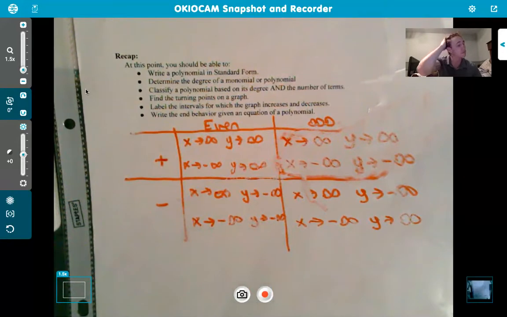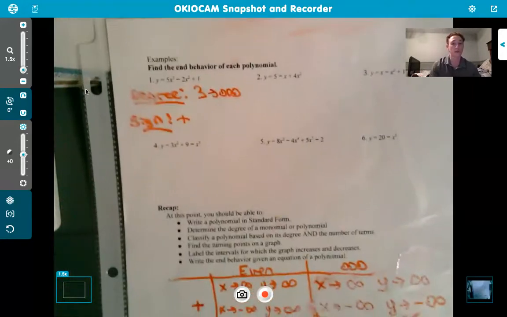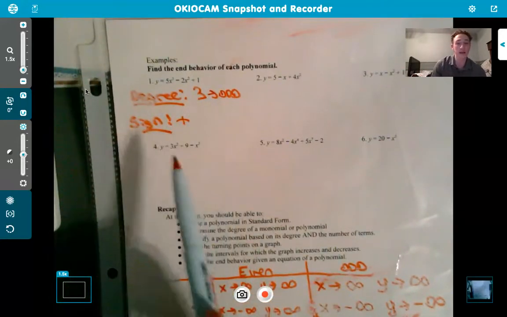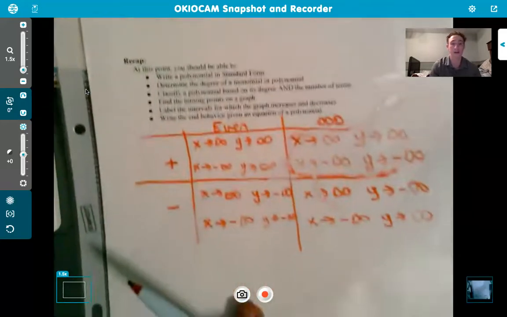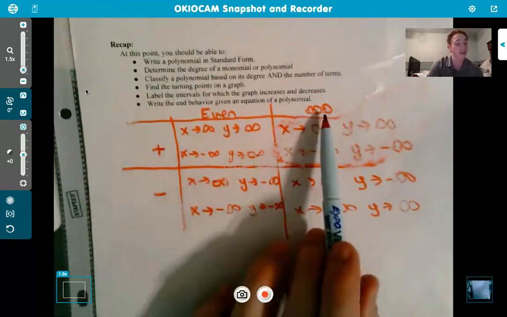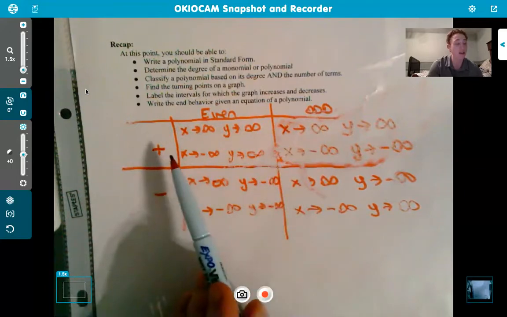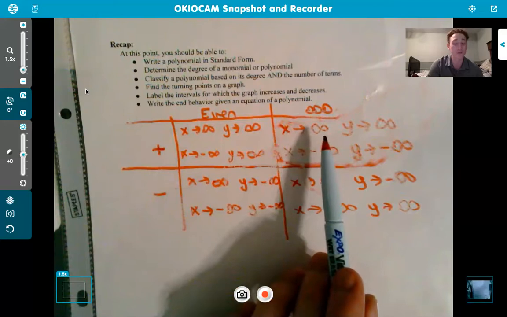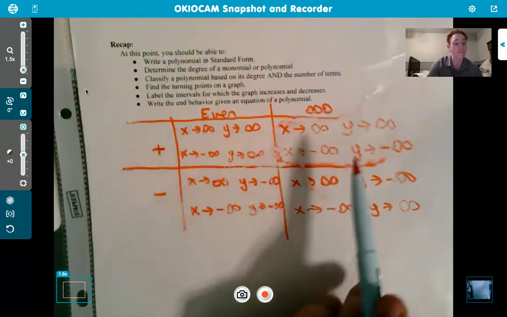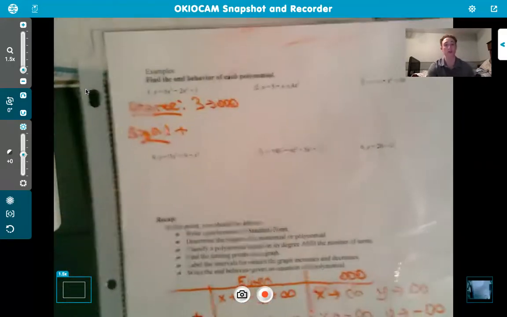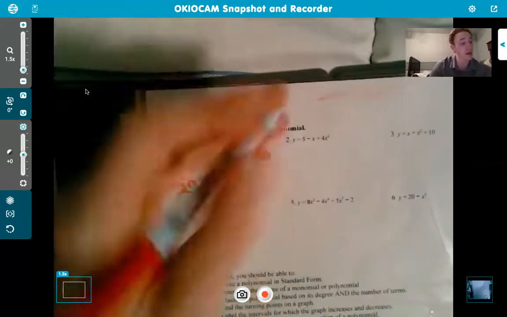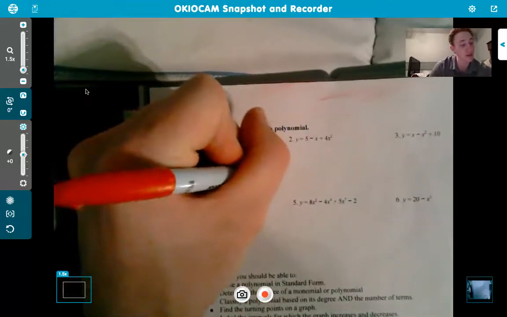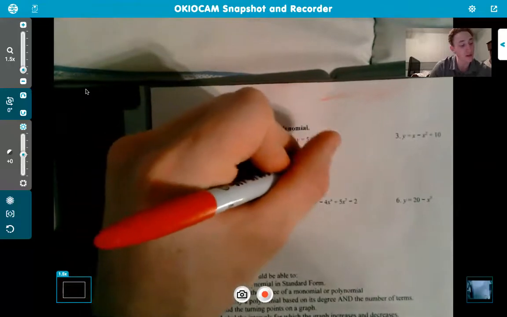All right. Well, if I look at this first example, I have an odd degree and a positive leading coefficient. So I'm going to take a look. I have an odd degree. My sign of that leading coefficient is positive. So that means that as x approaches infinity, my y is also approaching infinity, okay? So this is how you would write your answer. As x approaches infinity, y approaches infinity.